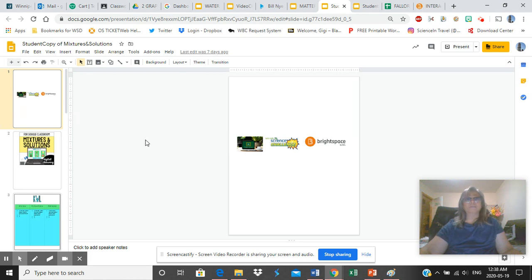On the first slide, it's just again the three icons that describe how we are dealing with our lessons, usually in Google Classroom. I will be adopting some experiments or challenges from Let's Talk Science, and of course, this replaces Blackboard. So we are now into Brightspace, which is another learning management system.